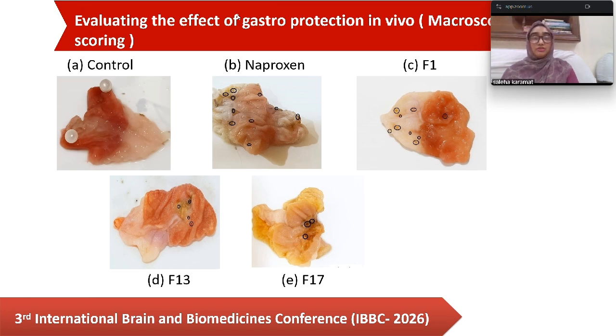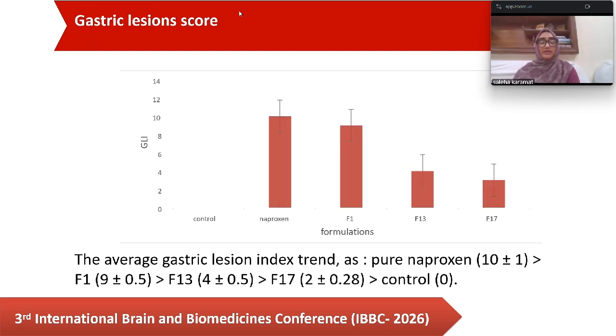The pure naproxen, F1 formulation show, in the circle, a gastric lesion in the stomach, and my formulations F13 and F17 show less gastric lesion, which shows there is an effect in the formulations. Next is the gastric lesion, as F13 and F17 show less gastric lesion as compared to the pure naproxen.